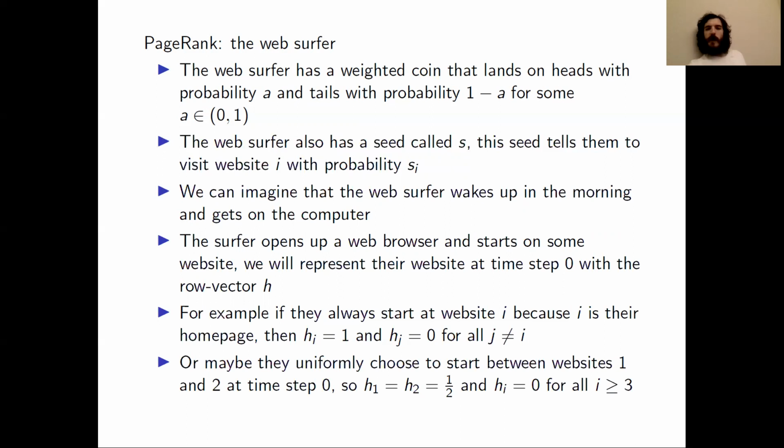We could also have a web surfer who likes to start at one website or another, each of them with equal probability. So we would have the entries of h corresponding to those websites both be 1/2, and all the other entries of h would be 0.